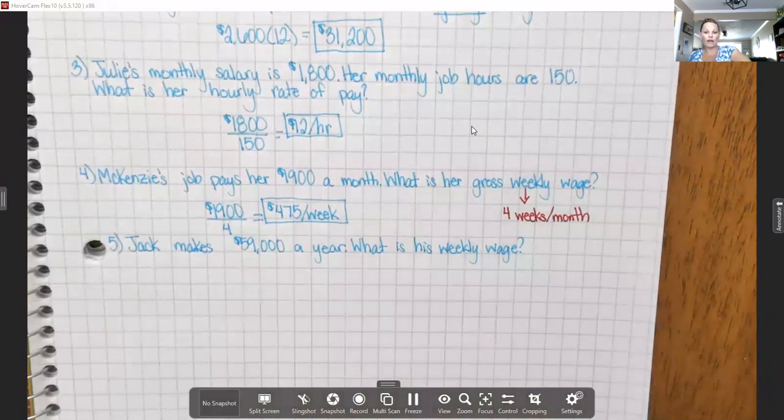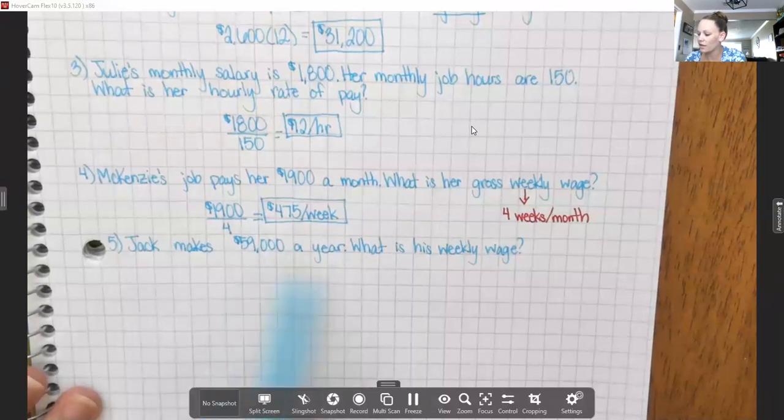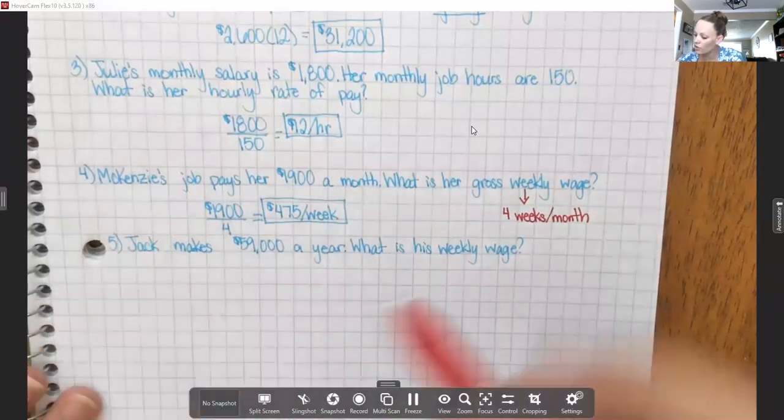So the same kind of idea on this problem. I'll give you guys a minute to write it down or get it typed out, however you're doing it. So if this is how much he makes a year, we want to know his weekly wage.